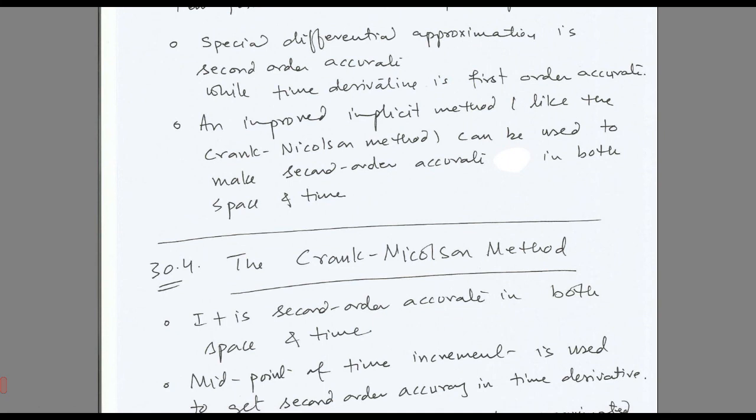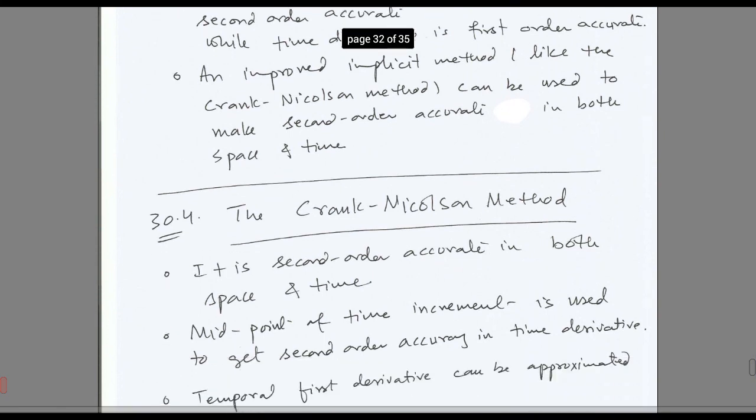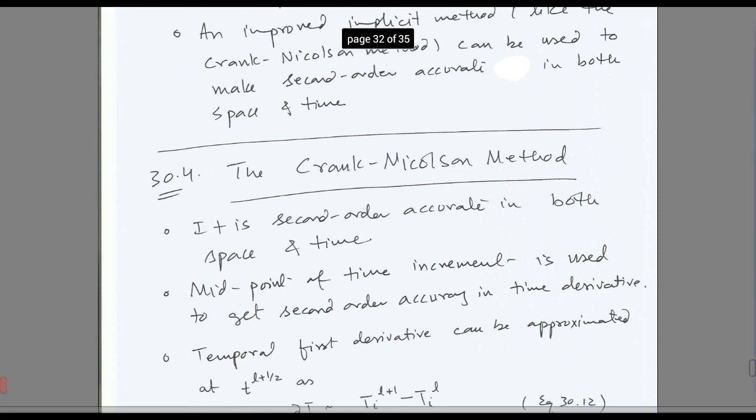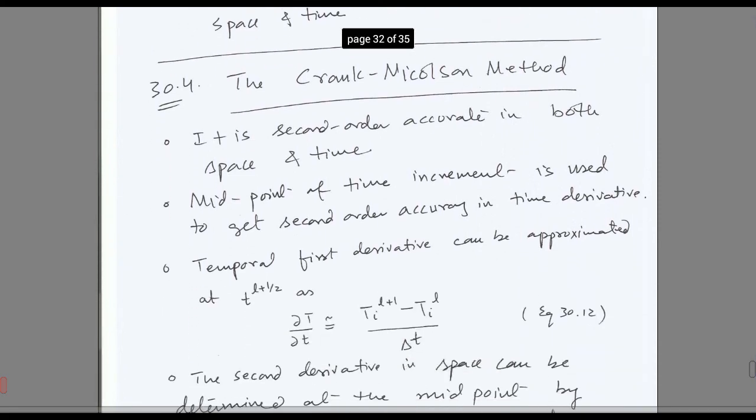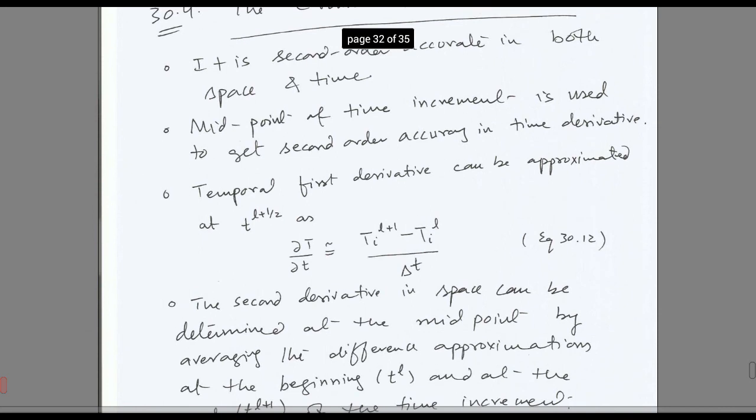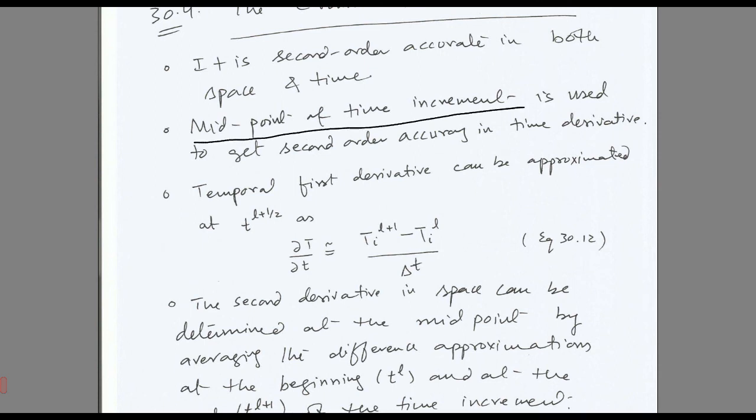An improved implicit method like the Crank-Nicolson method will be used to get second order accuracy in both time and space. The Crank-Nicolson method uses a second order approximation for both. It uses the midpoint increment in the time derivative to get the second order accuracy.